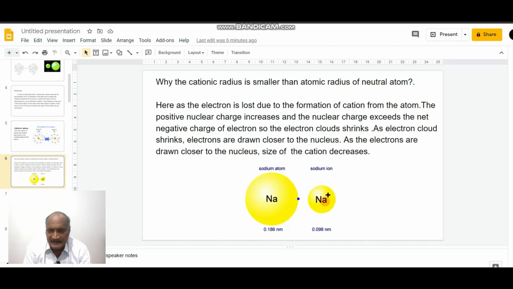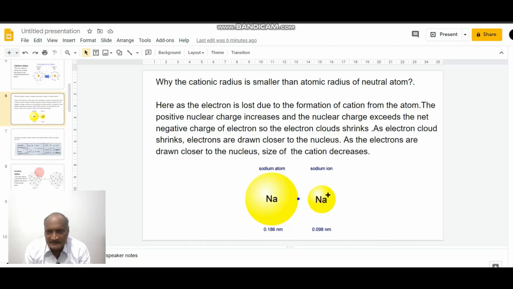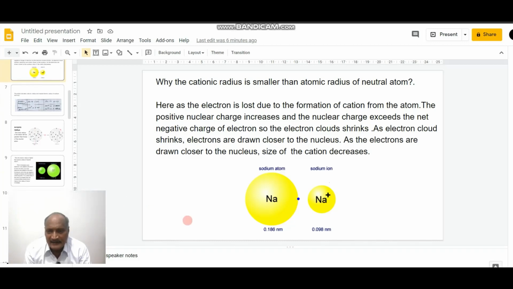The decrease in the cationic radius is due to the fact that the electrons are attracted more and more towards the nucleus as nuclear charge increases. Hence, the size of the cation decreases.